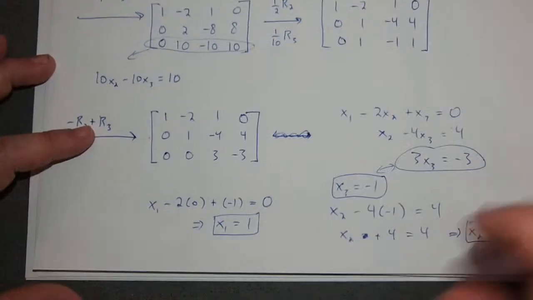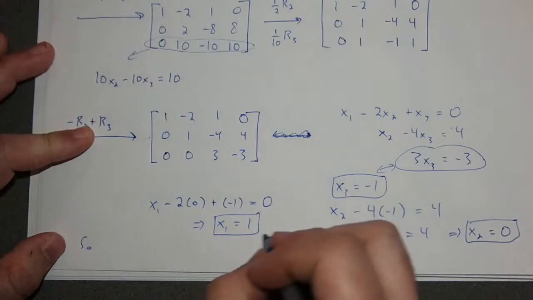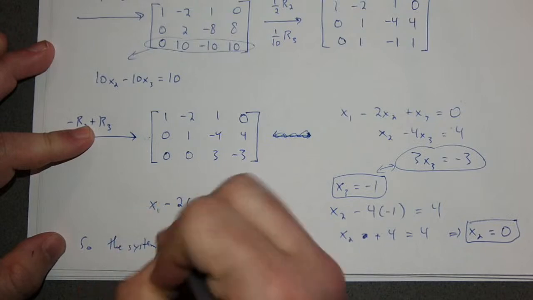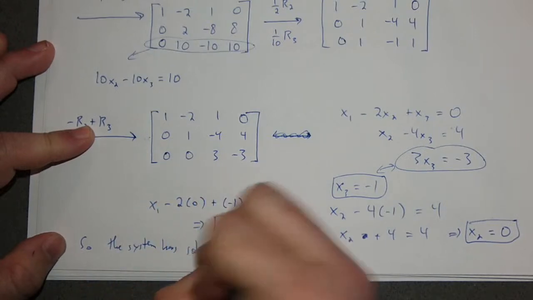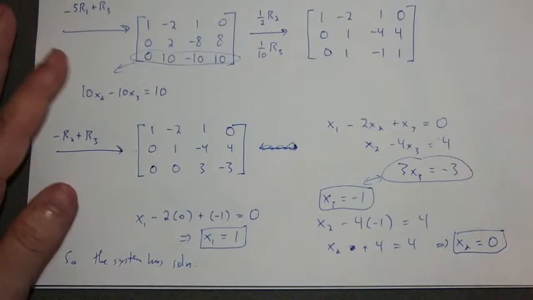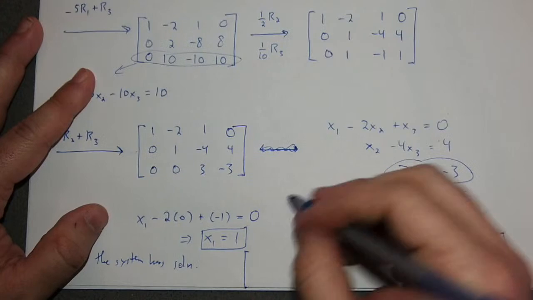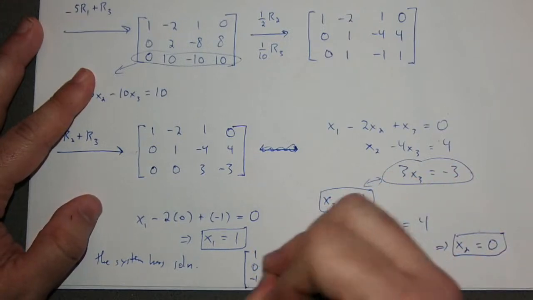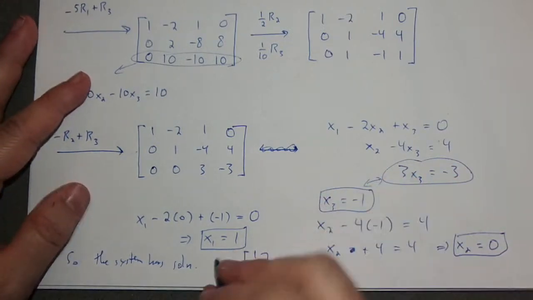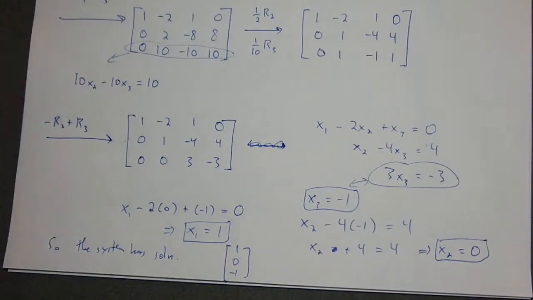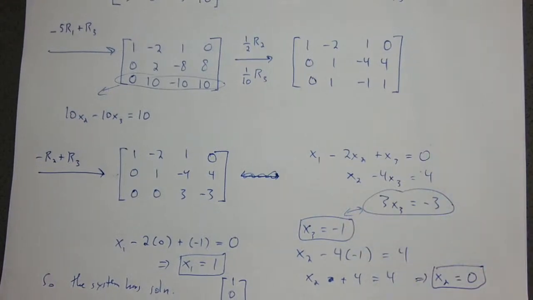And so the system has solution, that is, if I write it as a vector, which we'll talk about in a second, 1, 0, minus 1. Or written as I've written here, x sub 1 is 1, x sub 2 is 0, x sub 3 is minus 1. Okay, so the point 1, 0, minus 1 is the solution in R3. You want to think about it like that.